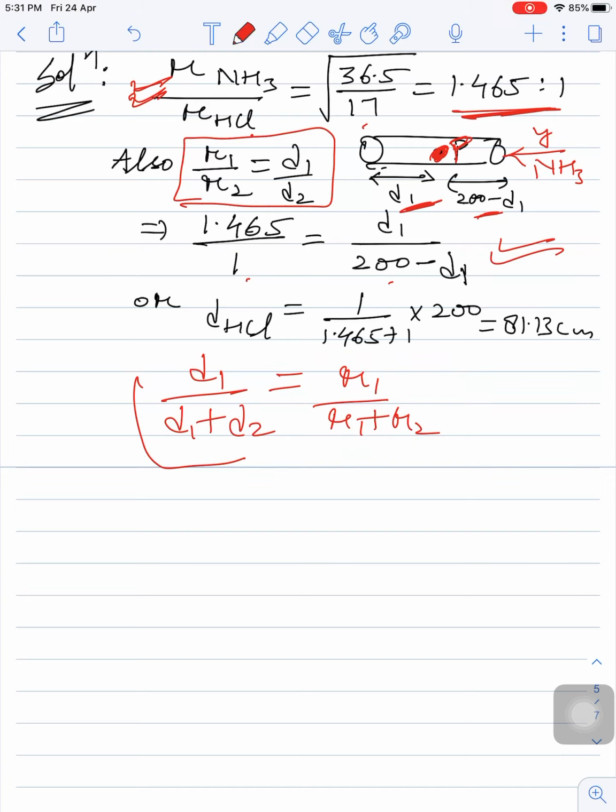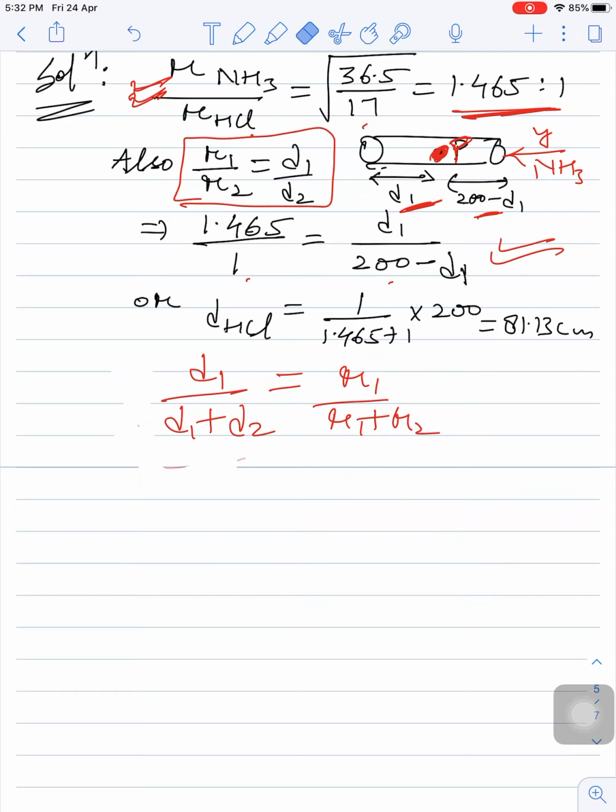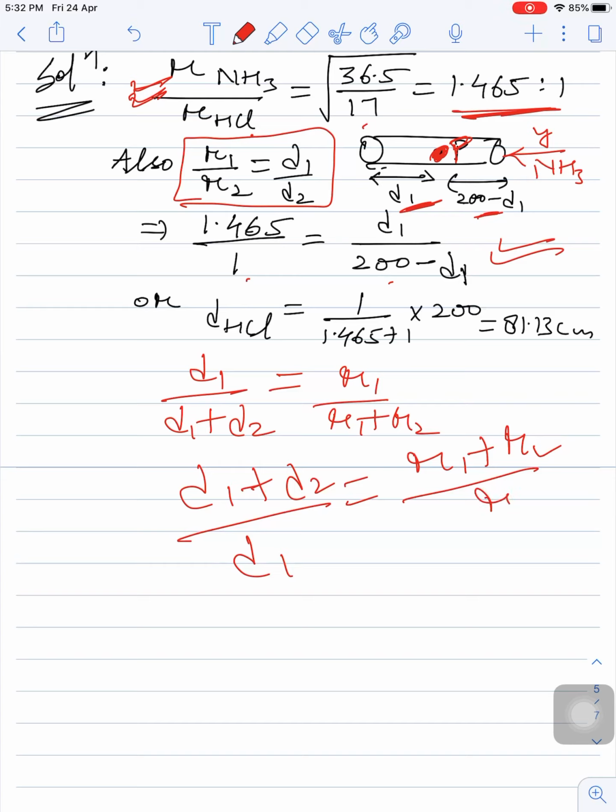So what we can do is write it like this: D1 plus D2 upon D1 equals R1 plus R2 upon R1.